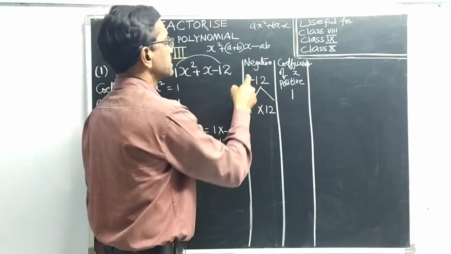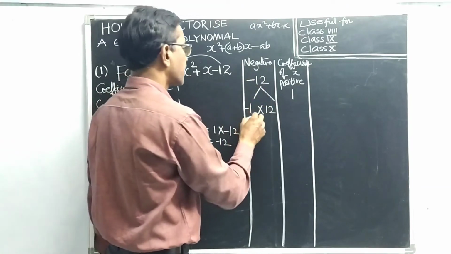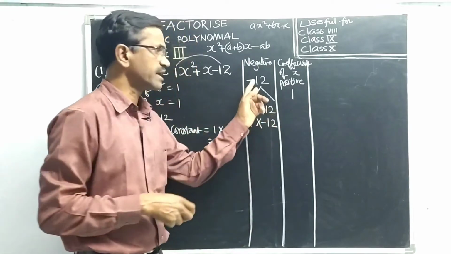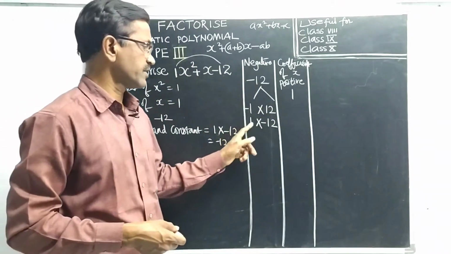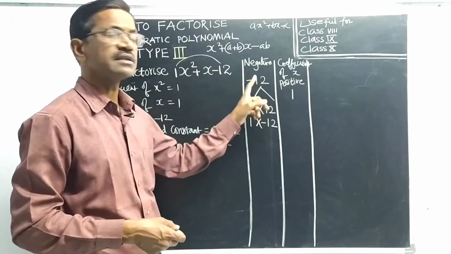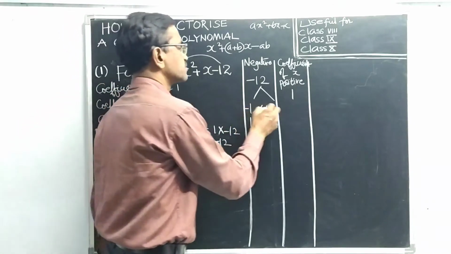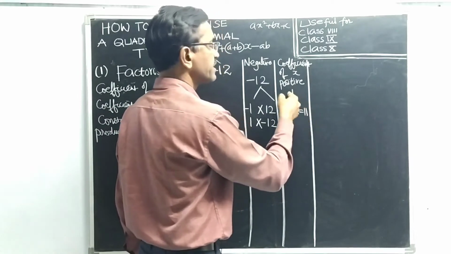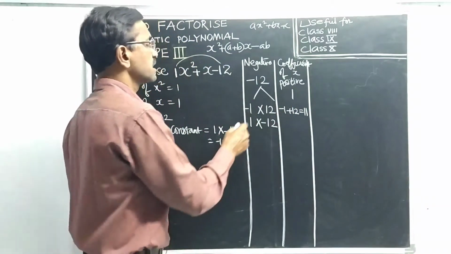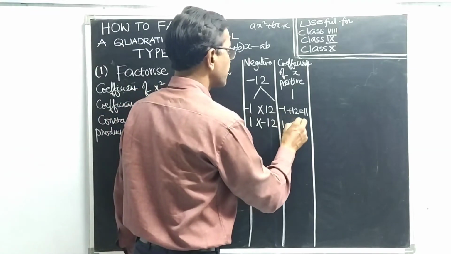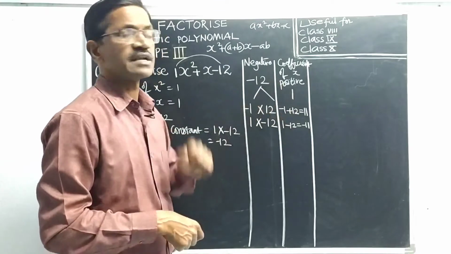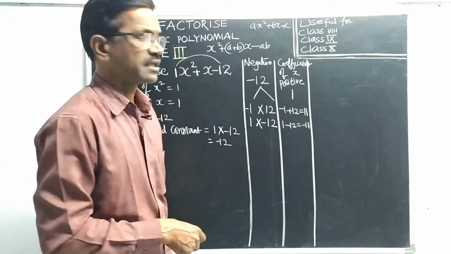Minus 1 into plus 12, or 1 into minus 12, is also possible to get minus 12. Now let us add these two. Minus 1 plus 12 is 11. We didn't get 1, no use. Here 1 minus 12 we get minus 11, but we should get 1, so no use.